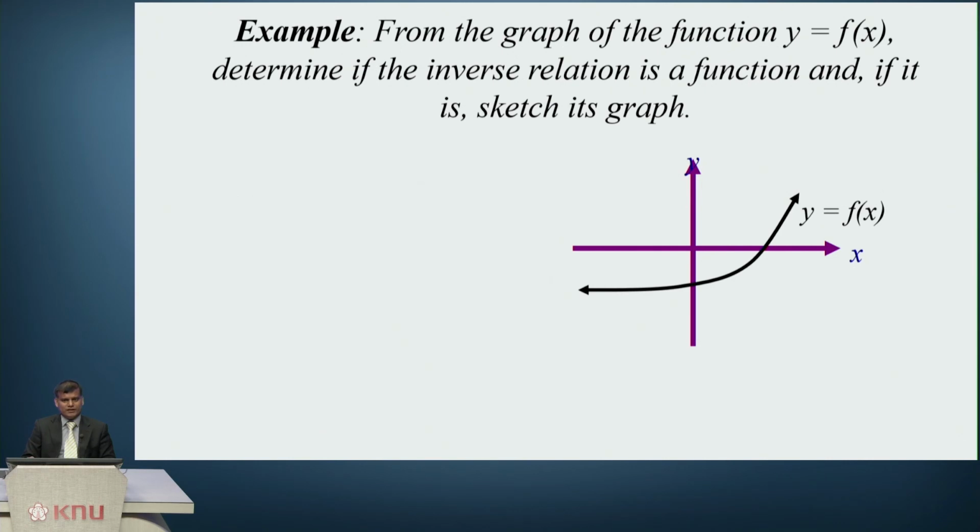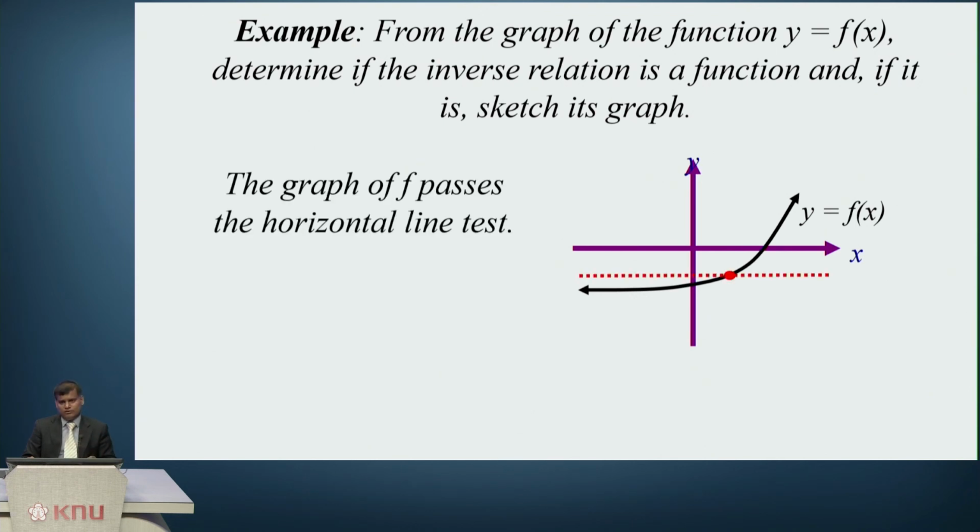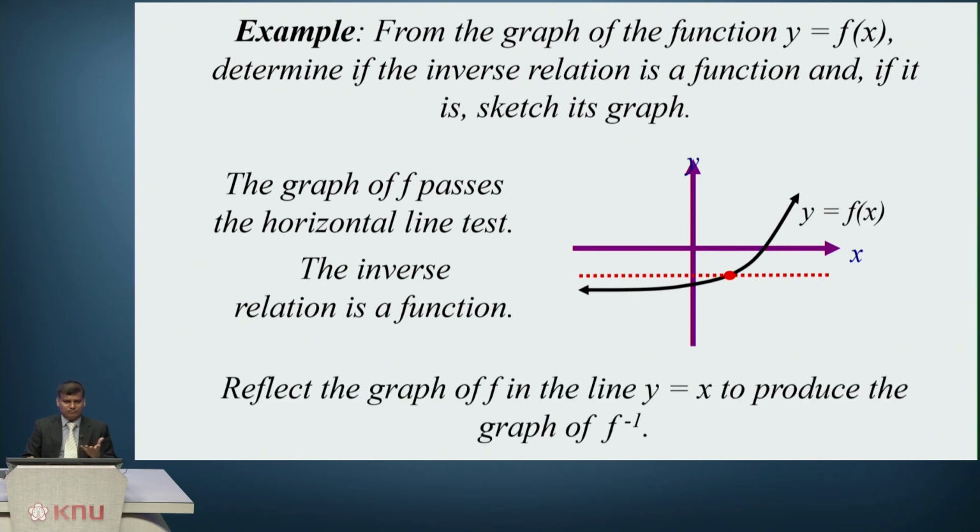So here is another observation. From the graph you can see y equals f of x, and let's try to determine the inverse relation and whether it is a function. Let's try to sketch it out. At first, this passes the horizontal test, so we can say that the inverse relation of f is a function.